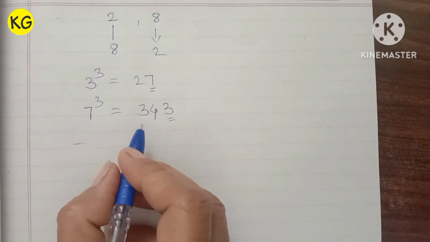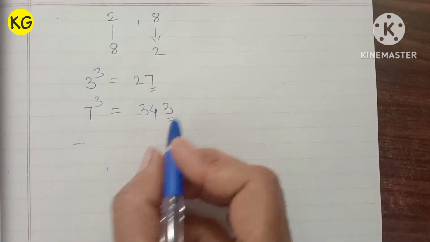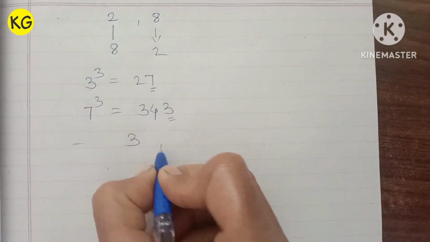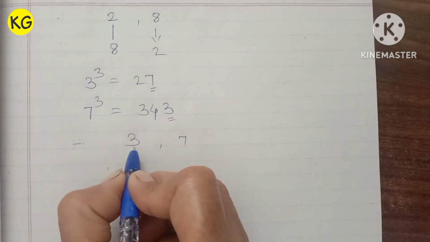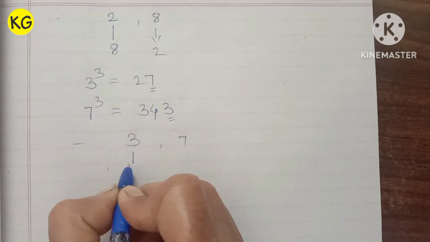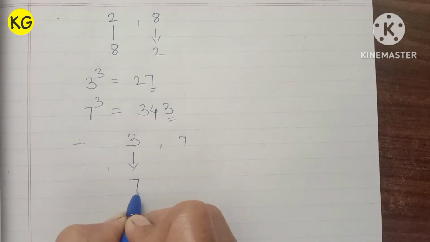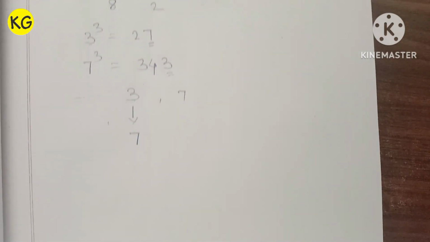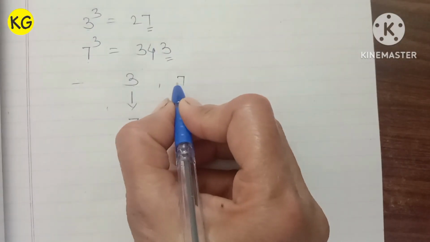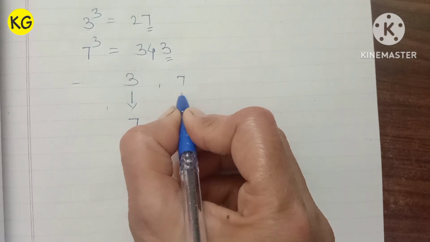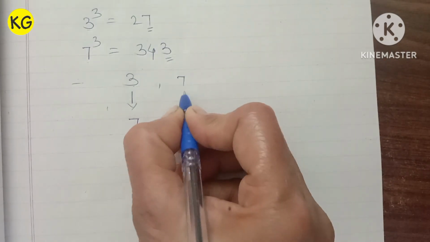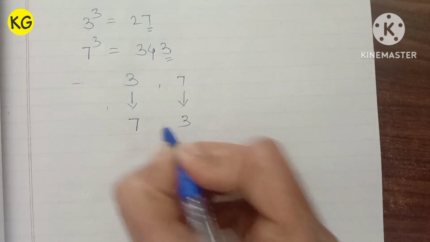Therefore, finding the cube root of numbers ending with 3 and 7, when 3 is at the ones place, we write 7, and if the ones place contains the digit 7, then we write 3.